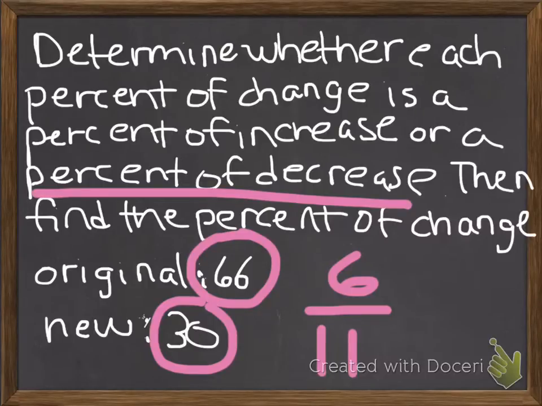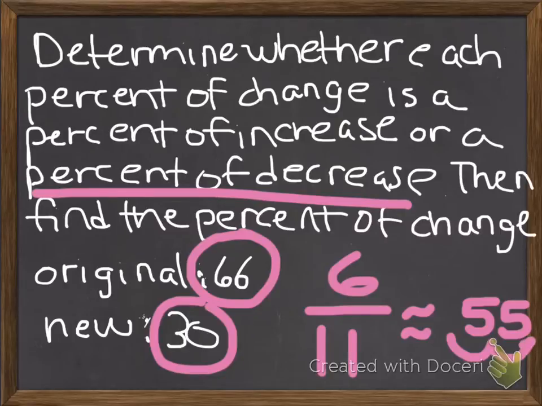I'm going to say this is about 0.55. And to make this into a percent, remember you need to move the decimal place 2 spots to the right. So you have 55% as your answer, and that's a 55% decrease. Okay, so I'd write 55%.